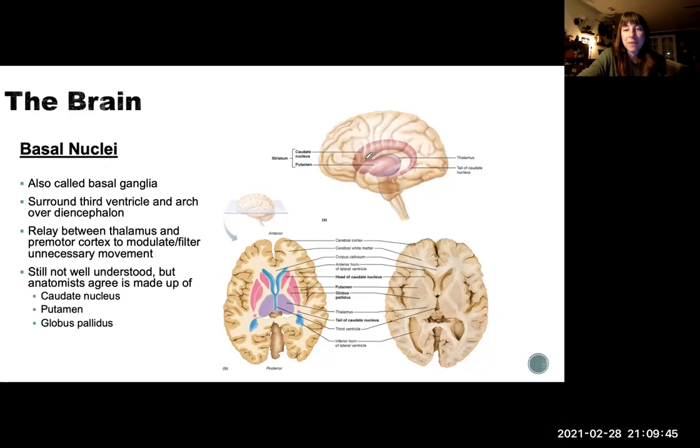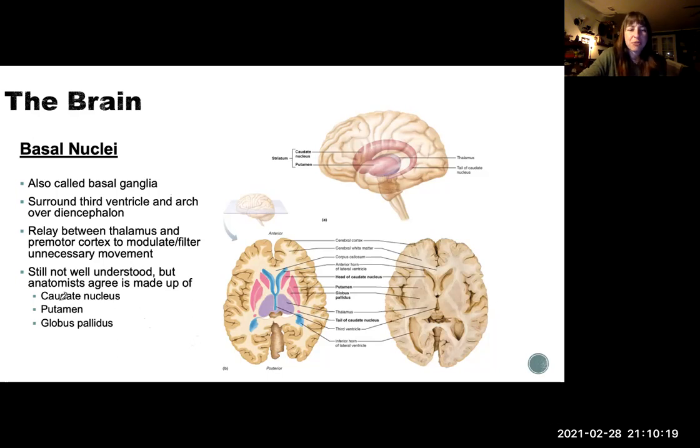So information coming from that motor cortex, the premotor cortex, is going to pass through the basal nuclei, which is going to filter that movement and take out any unnecessary motions, right? So it keeps our movements nice and smooth and eliminates any jerky and unnecessary moving, okay? So it's not terribly well understood, which is part of the reason why I can't give you much more detail about that.